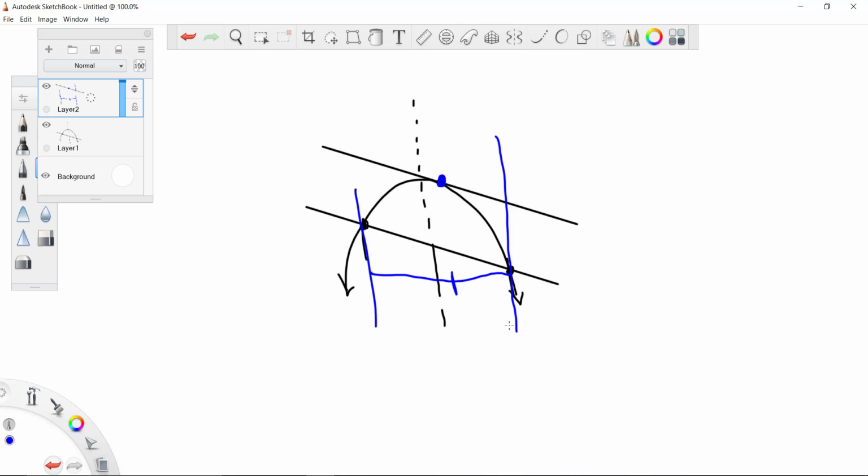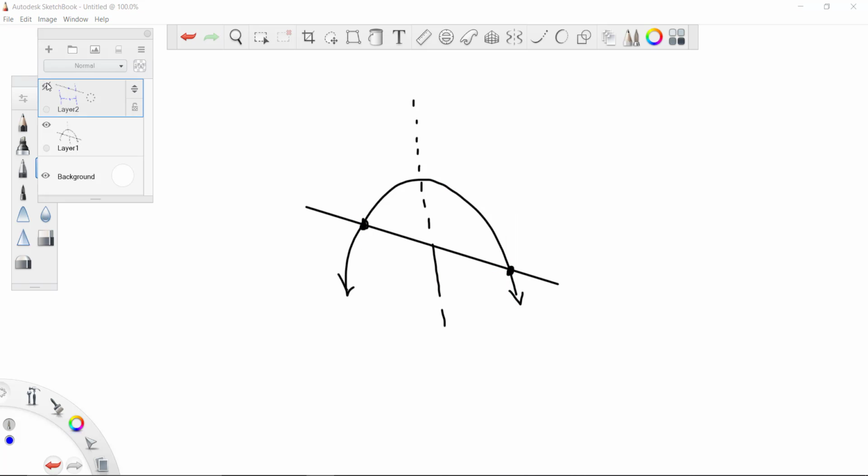So that's just a cool fact about parabolas, that the tangent line is parallel to the line exactly halfway between the 2 intersection points there. So he would draw his point right there and make a triangle.